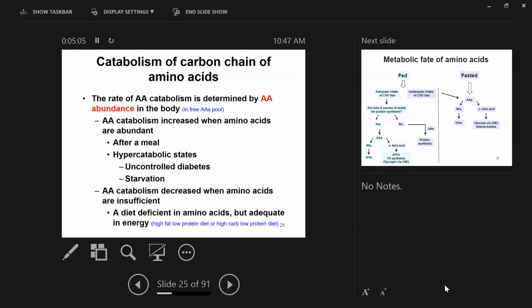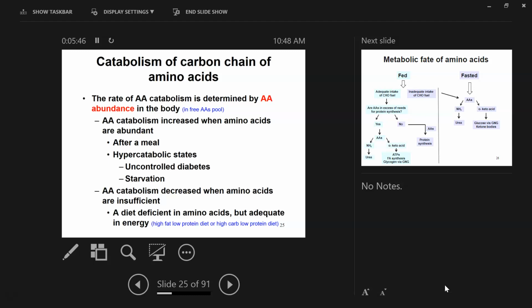And the other condition is when we have inadequate or insufficient amino acids, for example, when we consume a low protein diet, then our body needs amino acids to synthesize proteins. Under this condition, amino acid catabolism will be decreased, will be inhibited, so we want to spare more amino acids for protein synthesis.